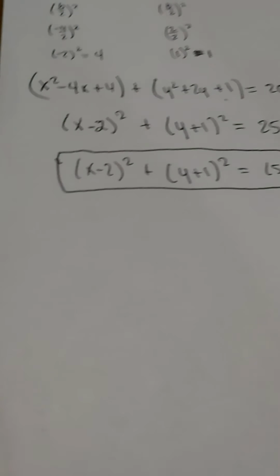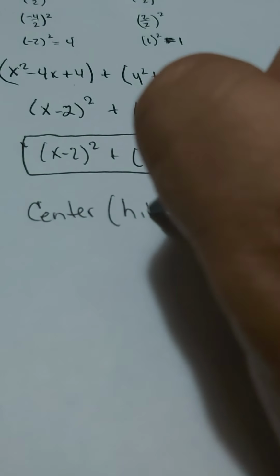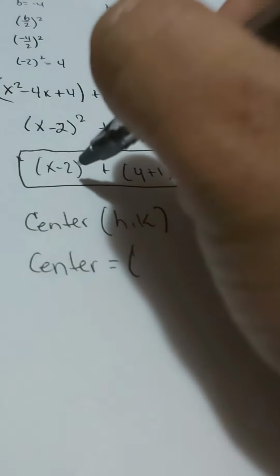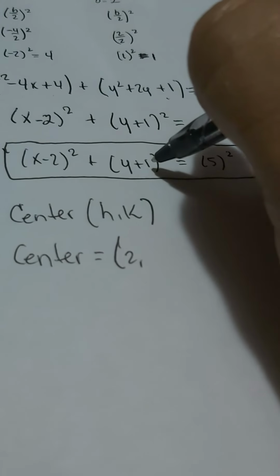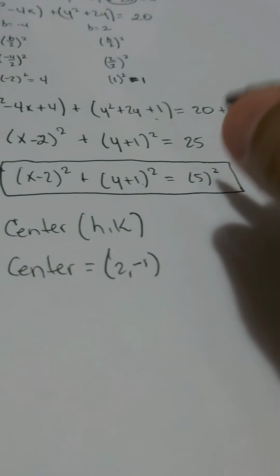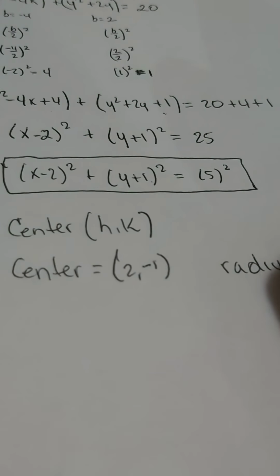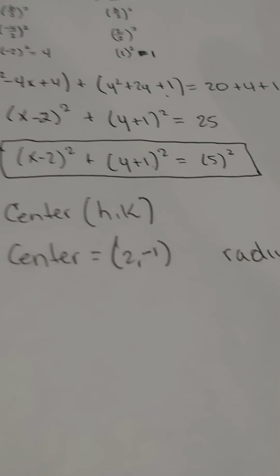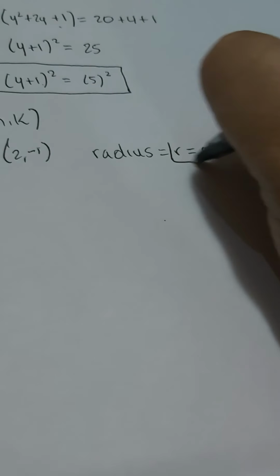Now let's identify the center. Center is H, K. So in this case, the center is H is 2, K is negative 1. That will be the center, and the radius R equals 5.